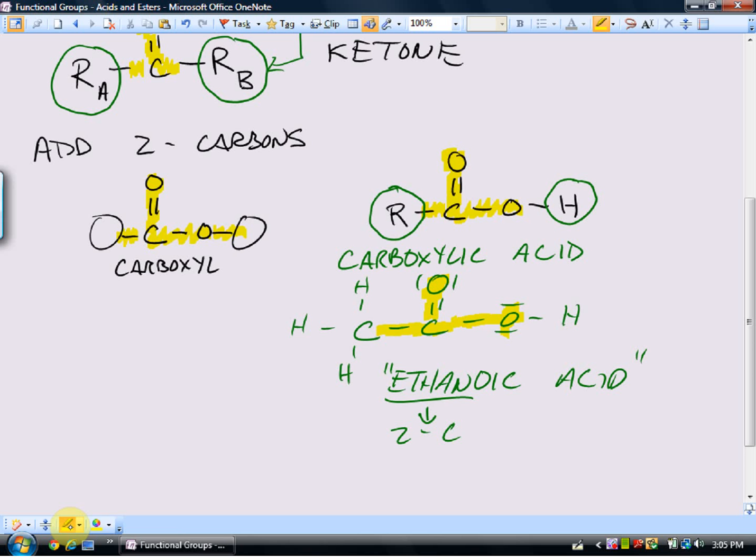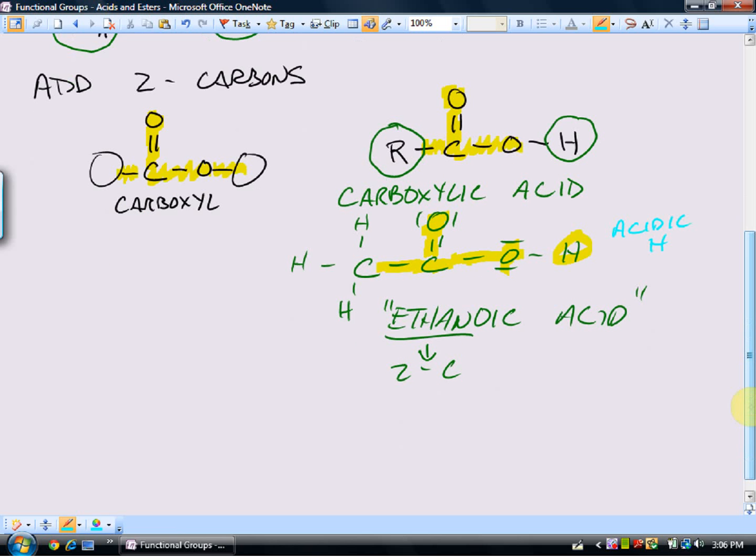And when we talk about acids, we're usually talking about acidic hydrogens. And this little hydrogen over here is called, later on we'll talk about that, acidic H. That may be getting a little ahead of ourselves. All right.